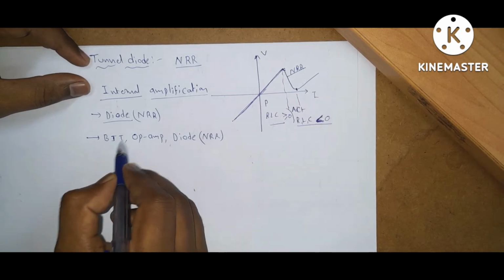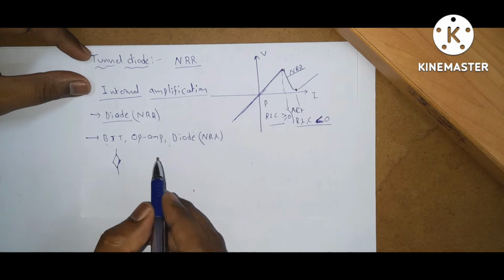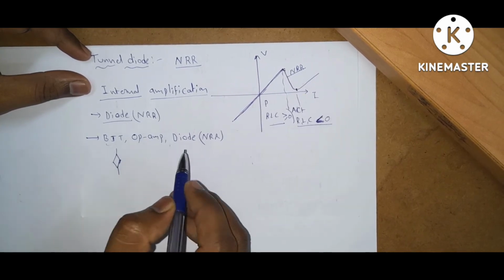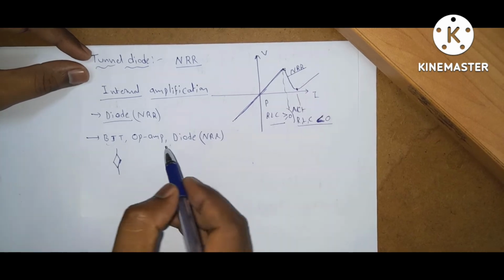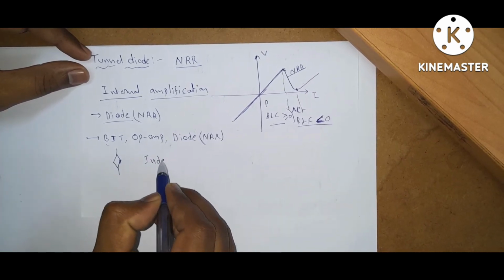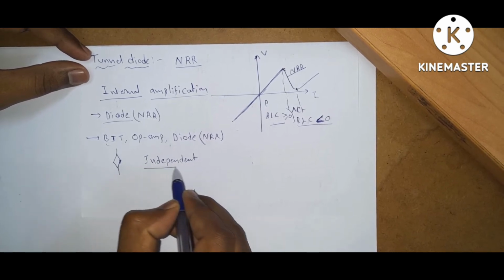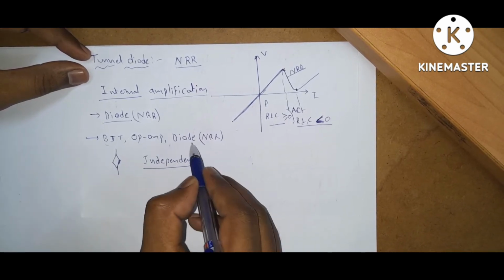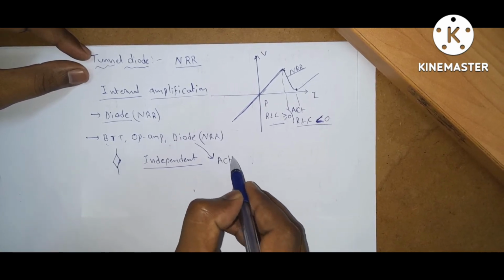That means this can be represented with dependent sources like this. In any circuit, if these elements are present along with an independent source, keep this in mind, then these elements are called active elements.